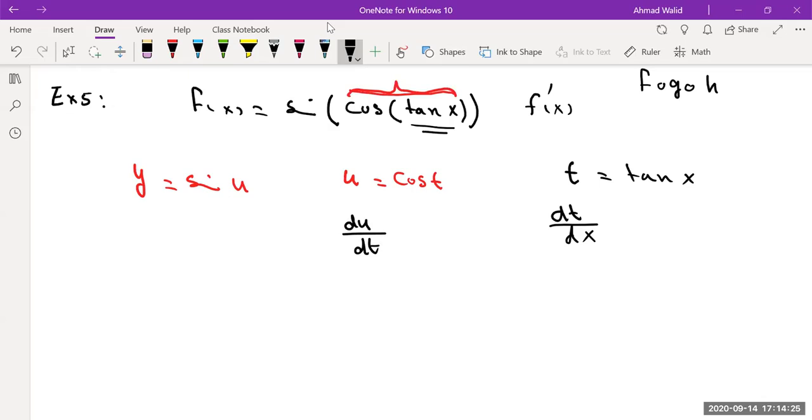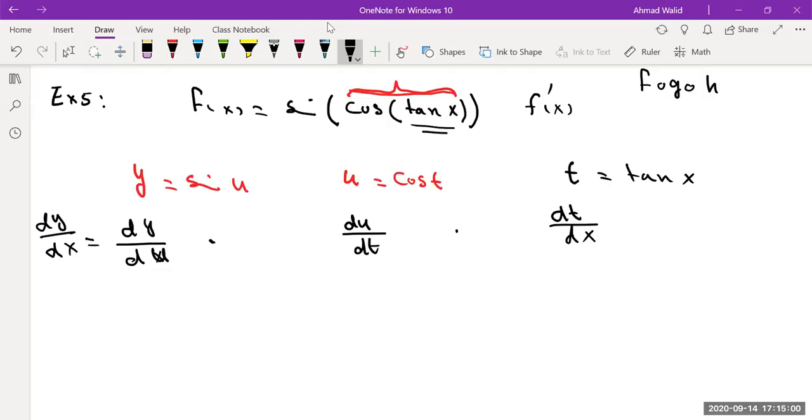Here you are looking for dy over du, which gives you what? If you multiply all these 3, at the end you end up with dy over dx, which is the derivative of that big function.